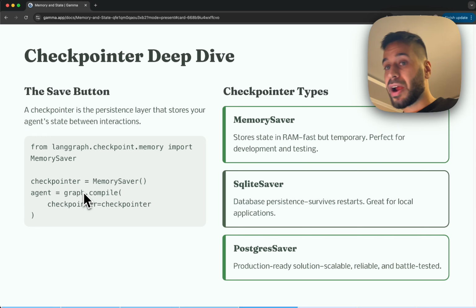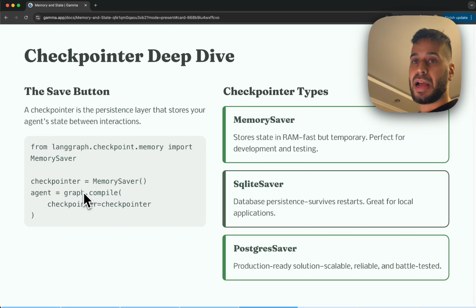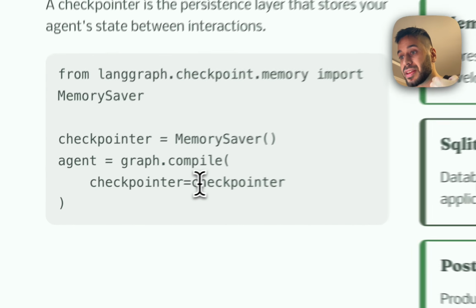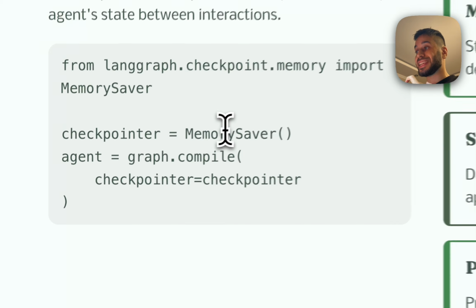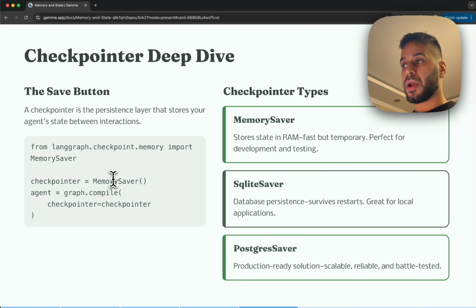In LangGraph, the agent can be thought of as a graph, as we explained in the previous video. Whenever we compile the graph, we can give it the checkpointer or the memory saver that enables the agent to remember this state and to preserve the state between the turns of the conversation. And we can even save it for later use whenever the user comes back to the same conversation, so the context will not be lost.